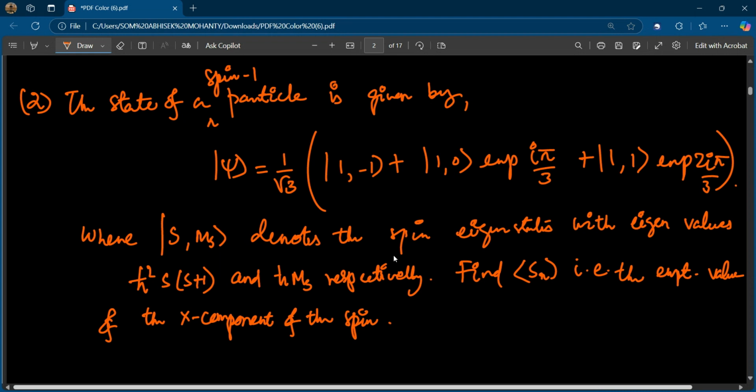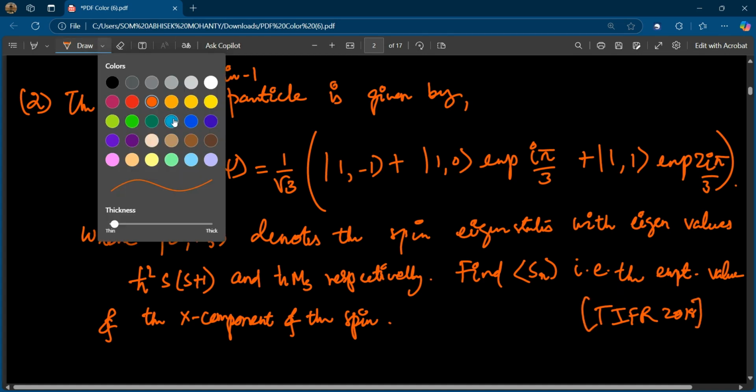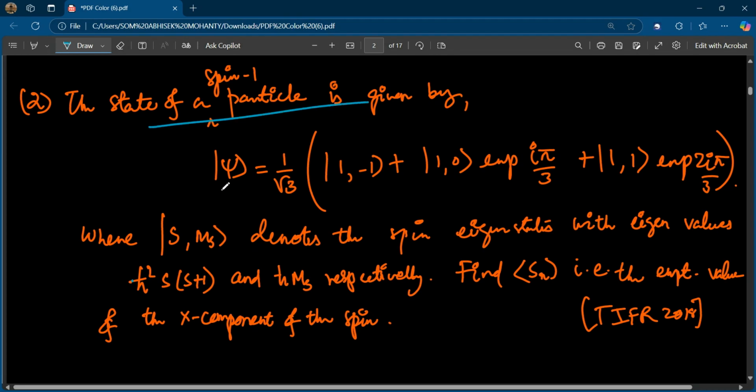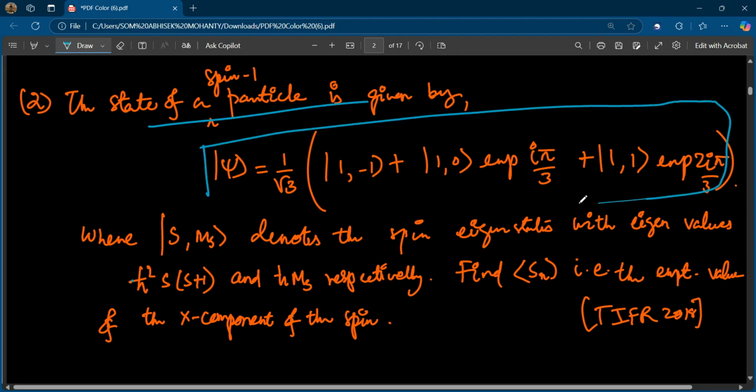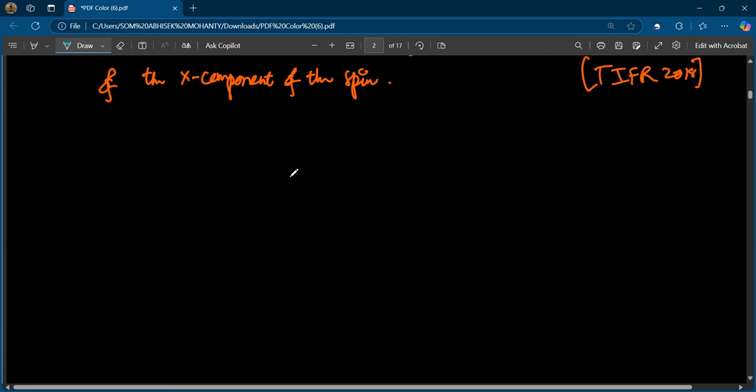Right. So how to solve this? This question came in TIFR 2018. Okay. So you have tried. Let's see how to solve it. State of a particle is given, right? Psi is given. So let me write psi again.